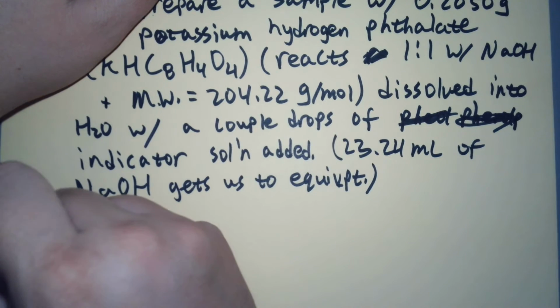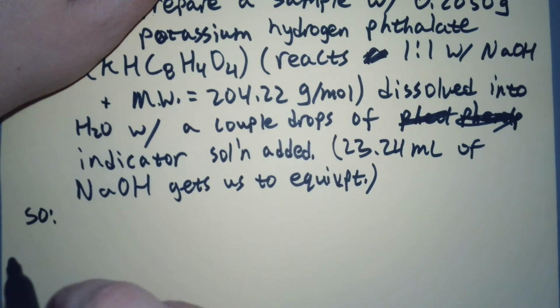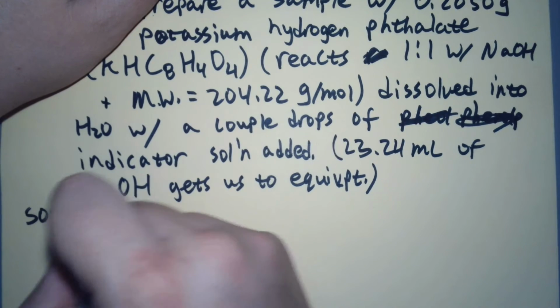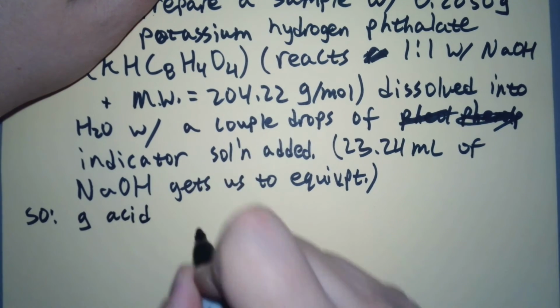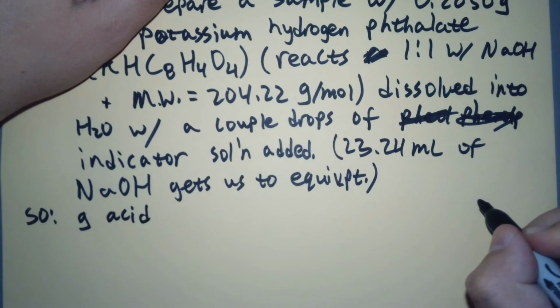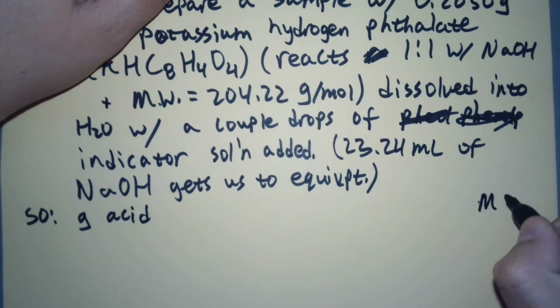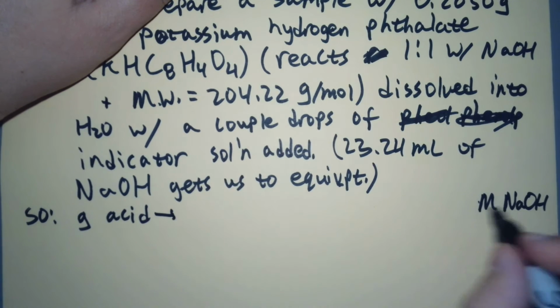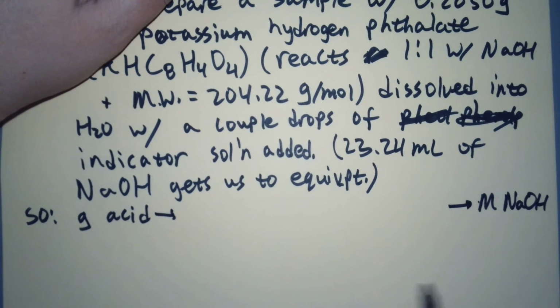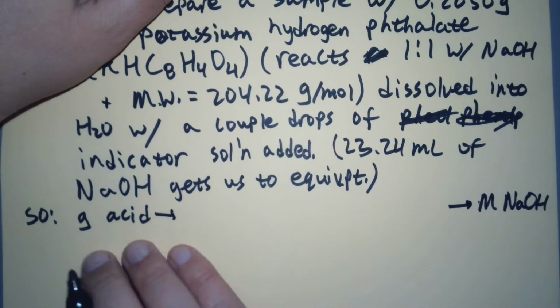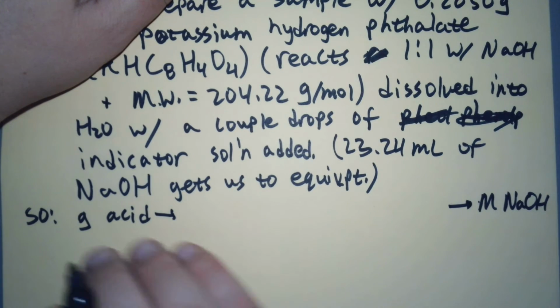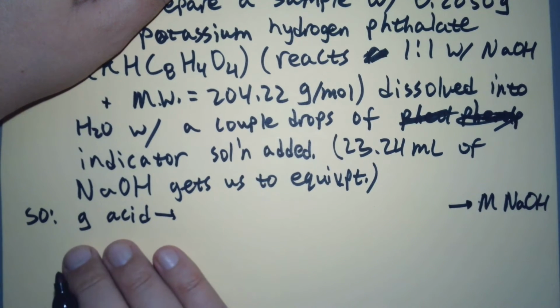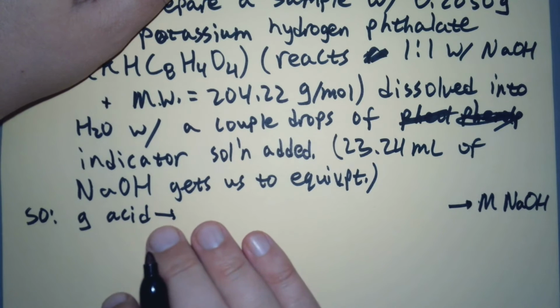So, here's our overall roadmap. We know our grams of acid, and we need to get to molarity of NaOH. Well, I've got different substances, so I'm going to have moles in the middle. Luckily, I think we're all pretty good now at going from grams to moles, right?